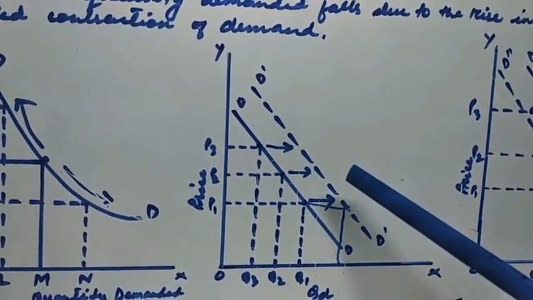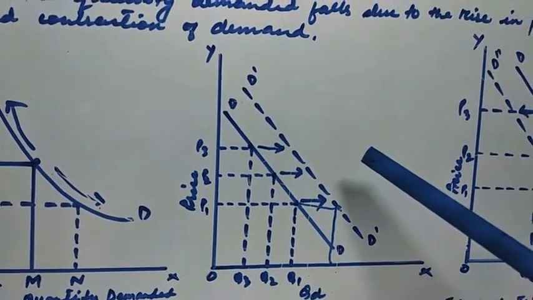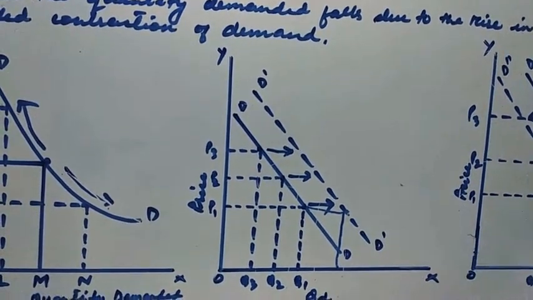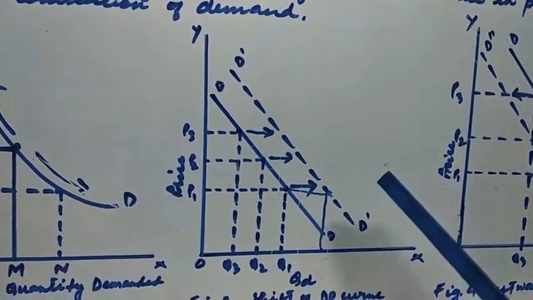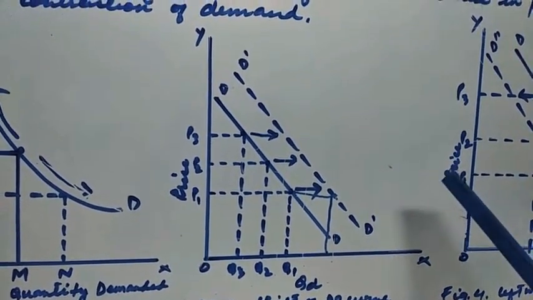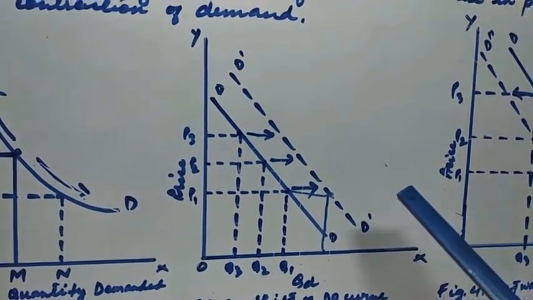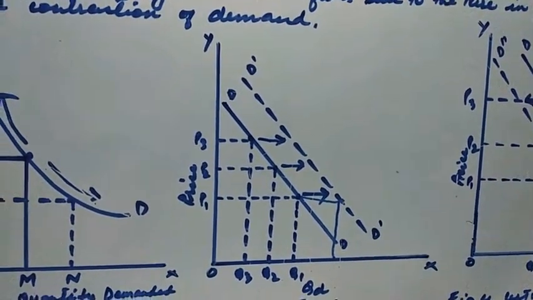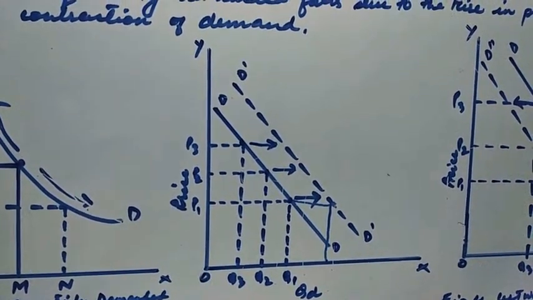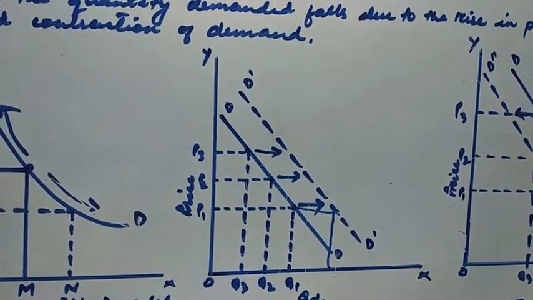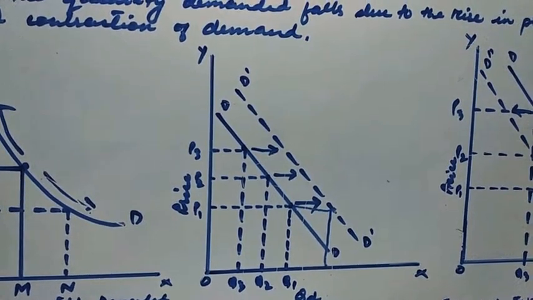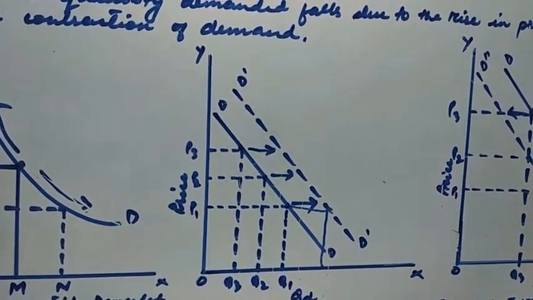And again, if the price of related commodities changes, then your demand curve will also shift. Let's take an example of coffee and tea. If the price of coffee rises, the other factors remaining constant, this will cause a rise in demand for tea.